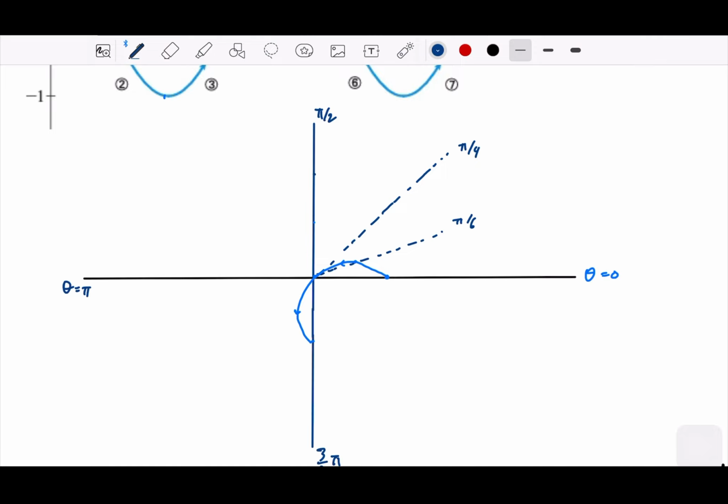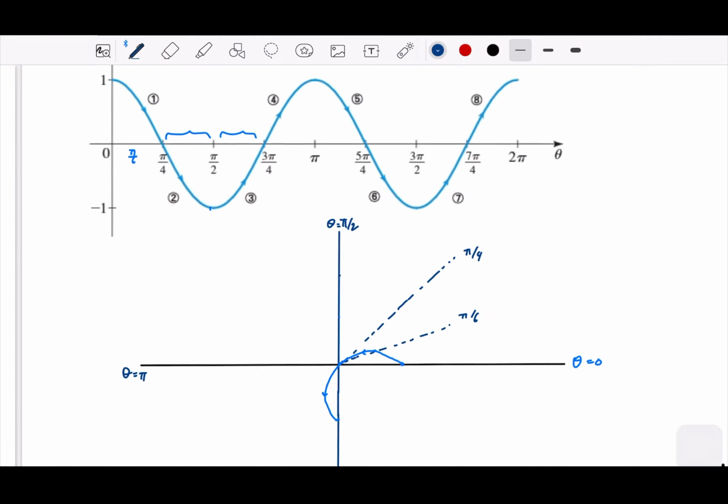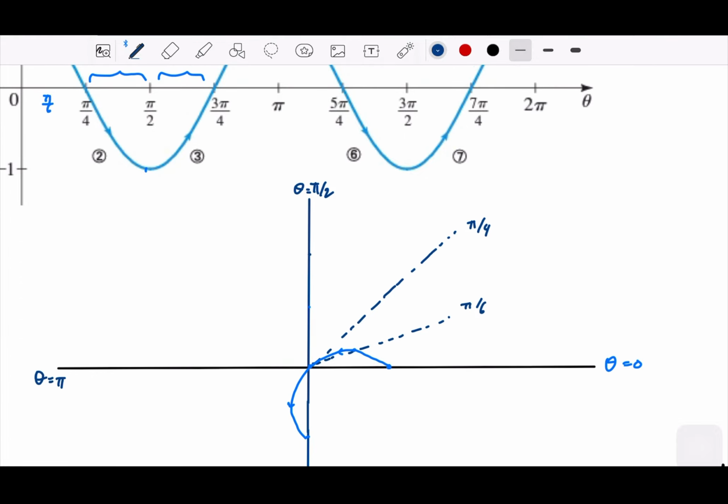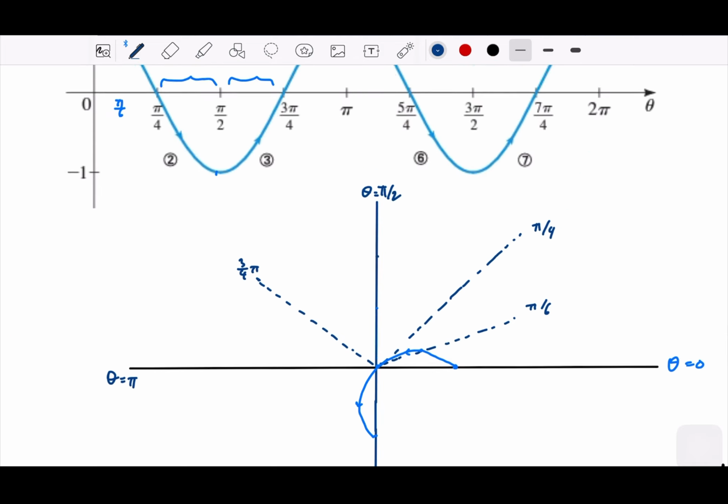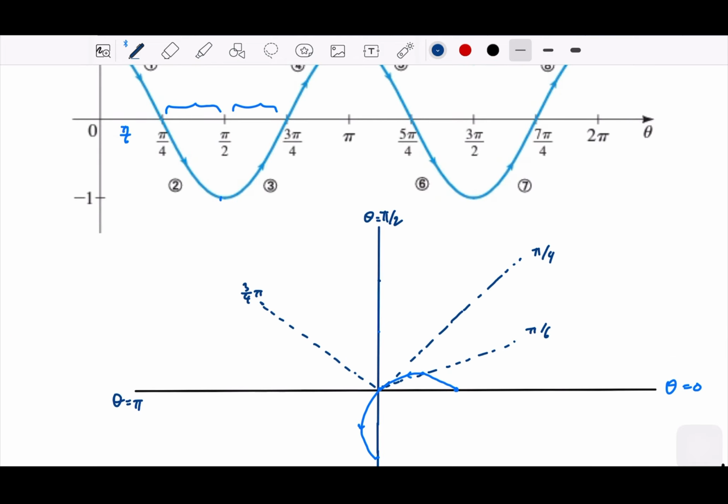This is theta equal pi. So let's say we start from pi over 2, and then 3 over 4 pi is going to be here. This is 3 over 4 pi, and at 3 over 4 pi, it's going to be 0.